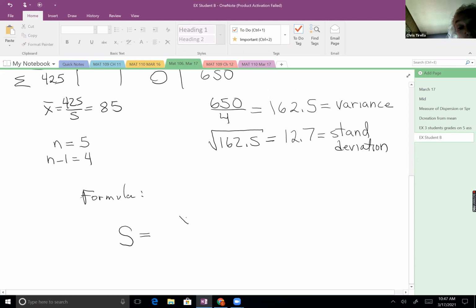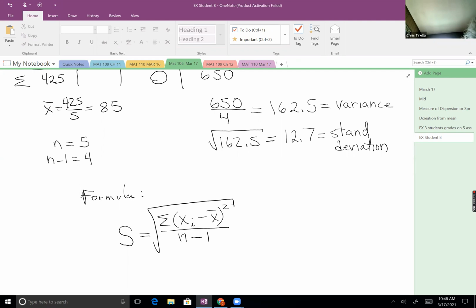We took the values, subtracted the mean, squared those differences, added them up, divided that whole thing by 1 less than the sample size, and then took the square root. So this is a formula for what we've done.